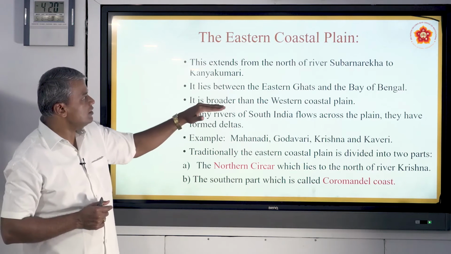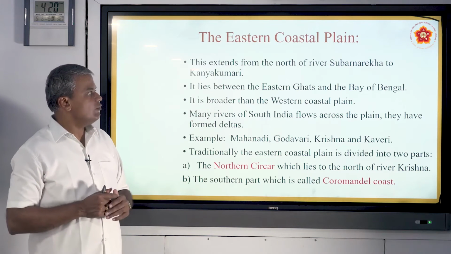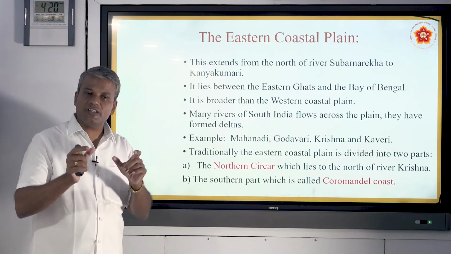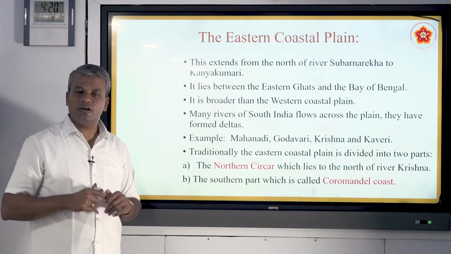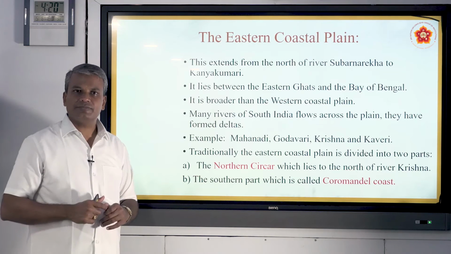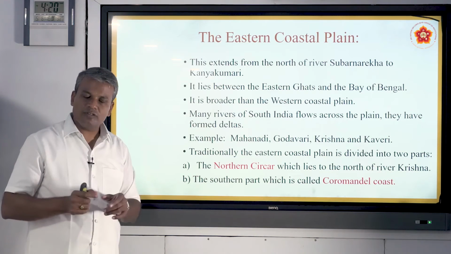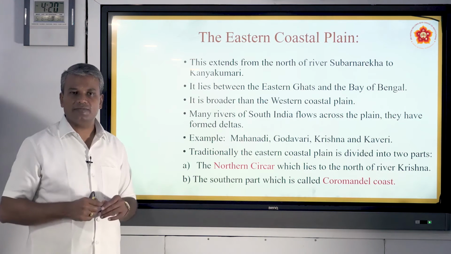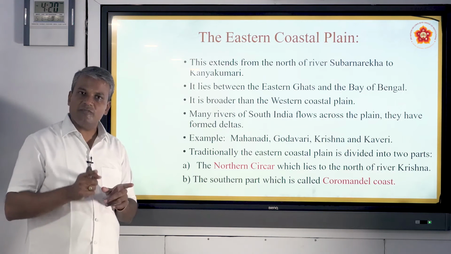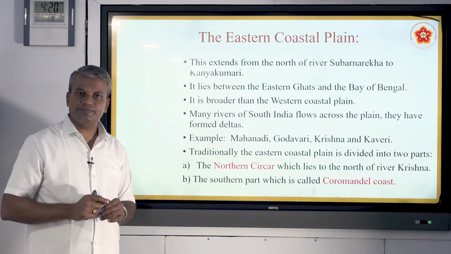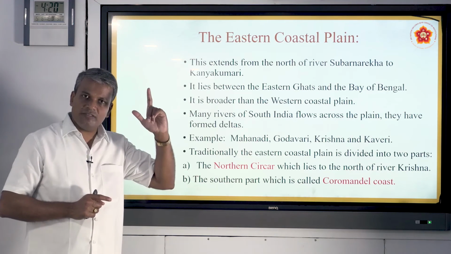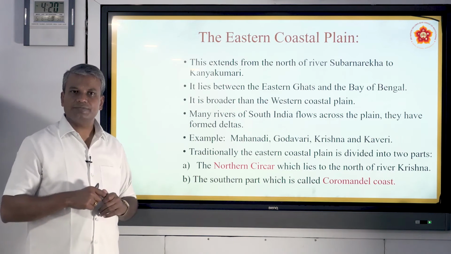So it is broader than the western coastal plain. The western coastal plain is narrow, steep and rocky, and lies between Western Ghats and Arabian Sea, starting from Rann of Kutch to Kanyakumari.